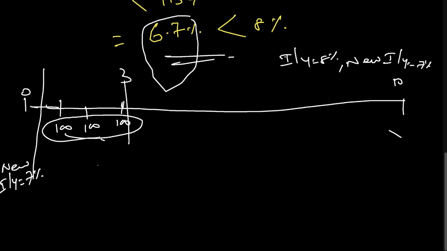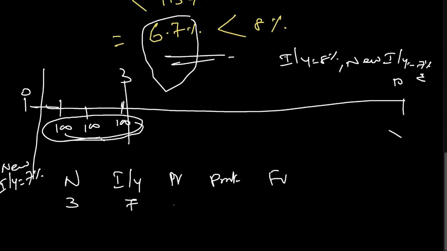Okay, so what is the future cash flow of these hundreds? N, IY, present value, payment, future value. So N is going to be 3, IY is 7 percent, present value is nothing, payment is minus 100, and future value I need to find out now.